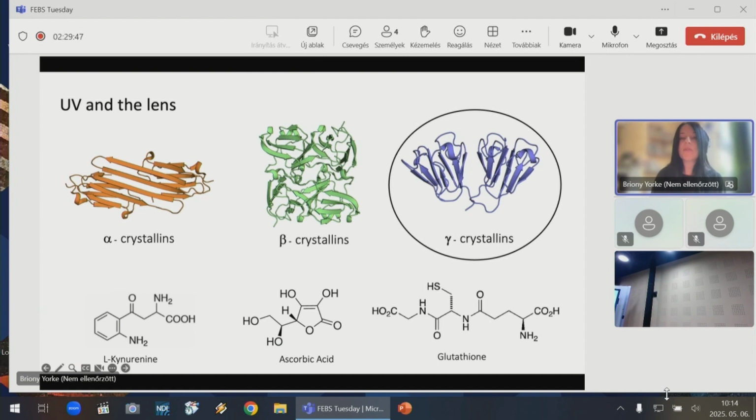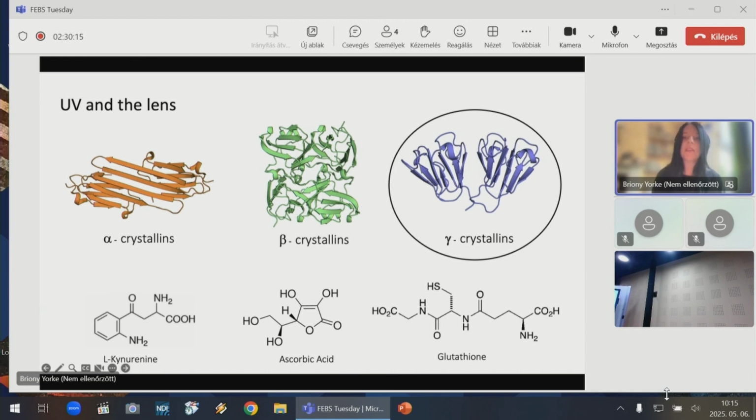There are also lots of small molecules that diffuse into the fiber cells from the epithelium layer, including a tryptophan metabolite, L-kynurenine, which is thought to act as a UV filter. Ascorbic acid and glutathione are also present in high concentrations, and these act as reducing agents, trying to keep the redox balance of the fiber cells.